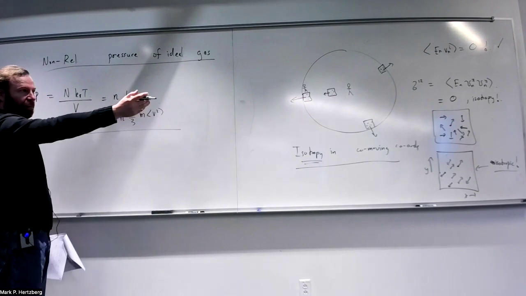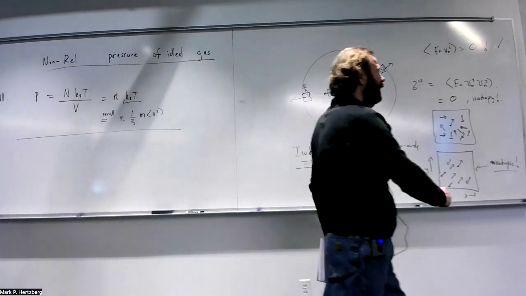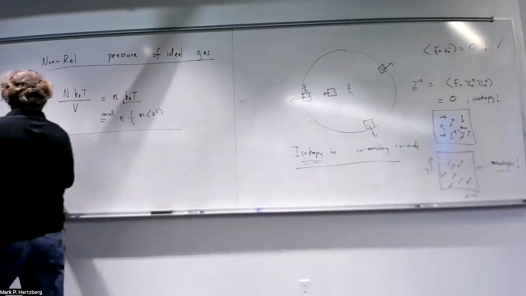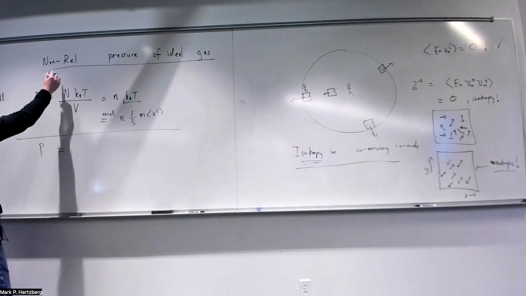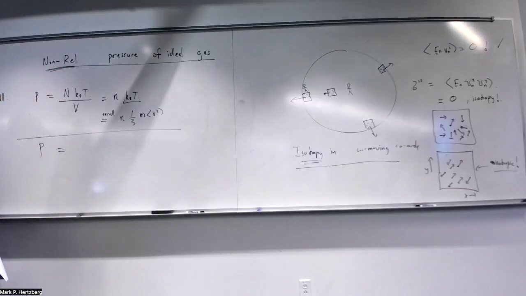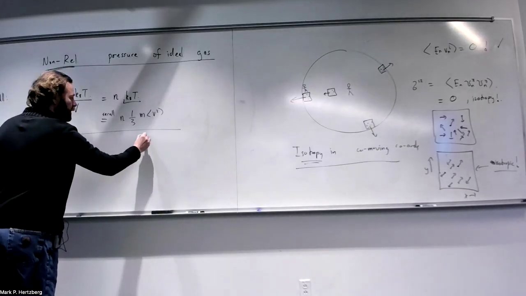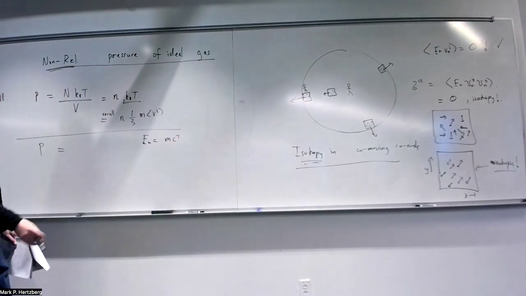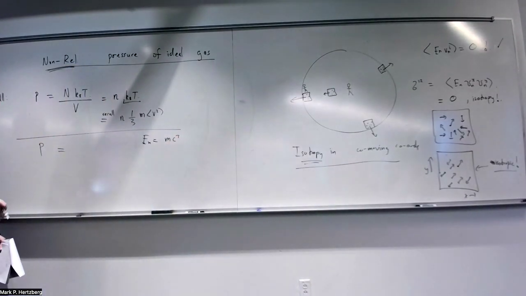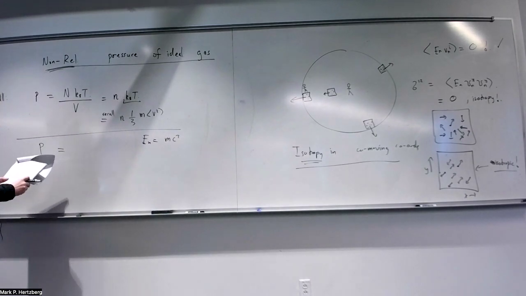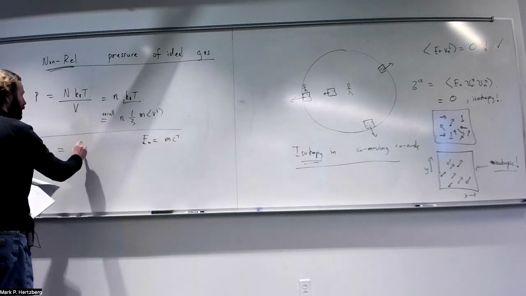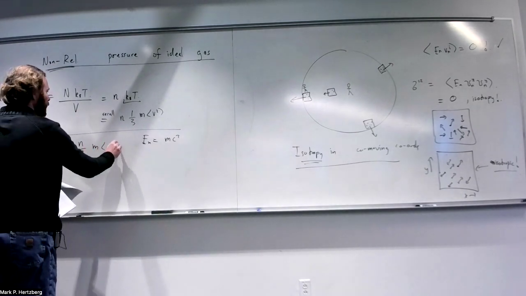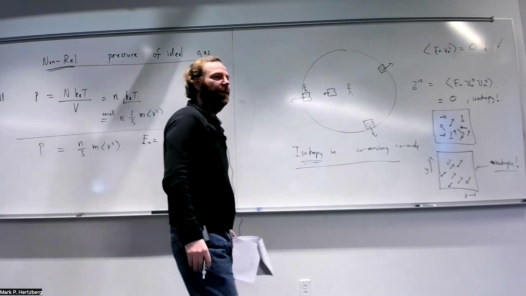Anyway, so this is the formula for that. And now let's check our formula, which is the one up there, the relativistic formula. So we have this thing, and now I have to use the content of saying it's non-relativistic. Non-relativistic says that the energy is just mc squared. Well, let's assume all particles are the same mass for simplicity in this discussion. So then that pressure is N over 3 mv squared. Okay, so clearly it's the same thing, right?